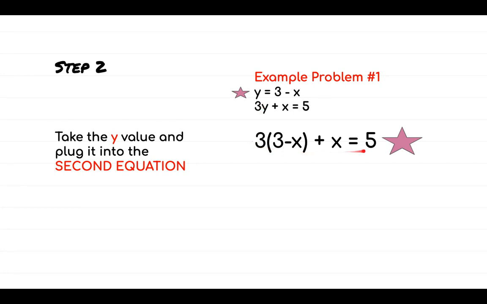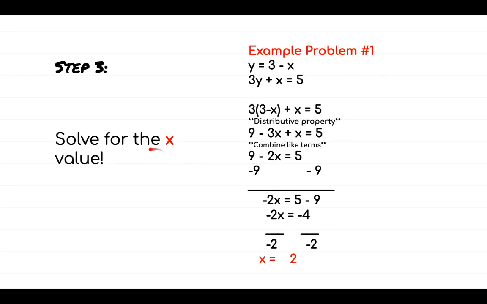This is the result that I get: 3 times 3 minus x plus x equals 5. I just bring down the rest of that equation. Again, I substituted my y value and plugged it into my second equation in order to get this x value. In this case, solve for x.